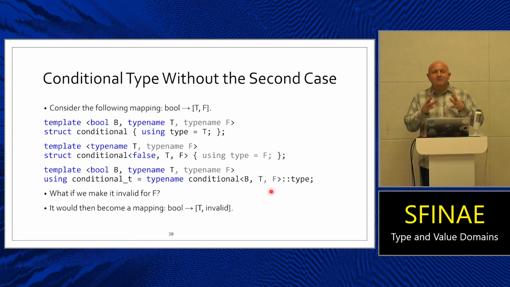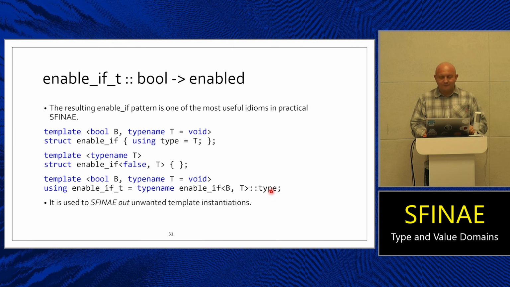Then our mapping becomes a mapping from values to SFINAE space, mapping from bool to T or invalid, to valid or invalid, because T is valid. When the condition is true, everything works as before. But when it's false, the resulting type simply doesn't exist. It becomes an invalid construct. And that's exactly what SFINAE can take advantage of.